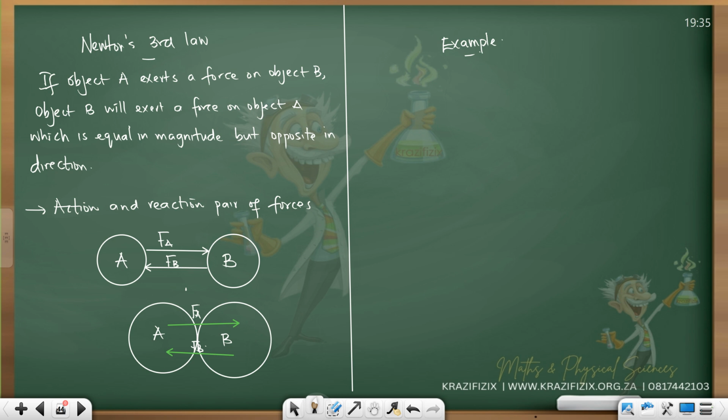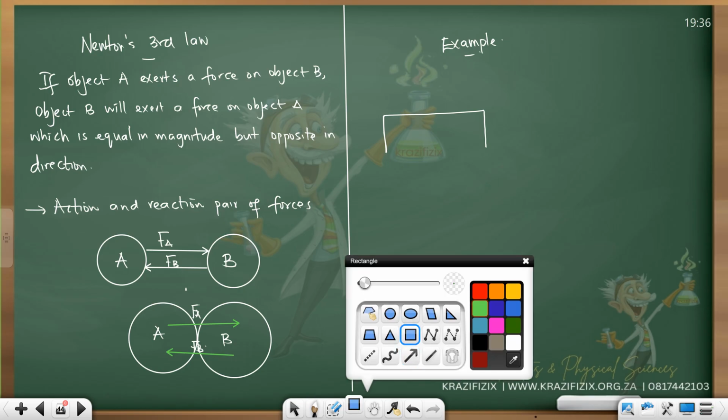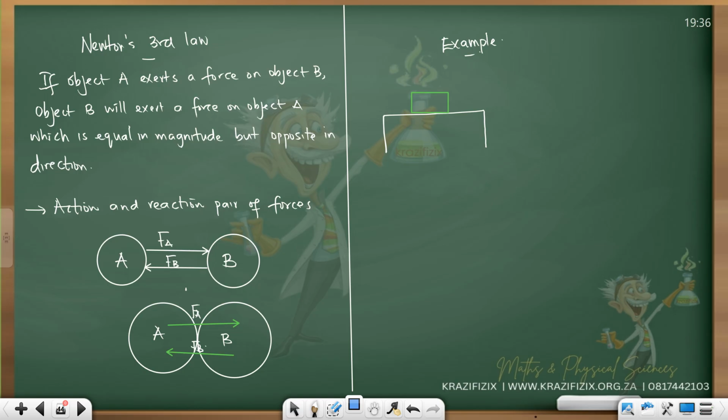Example. If I have a table and I have a block, what are the pairs of forces?